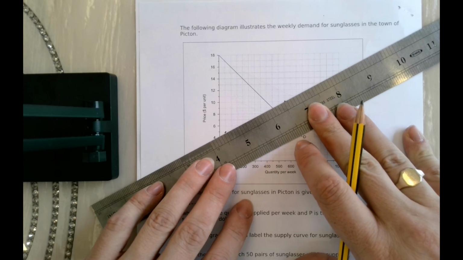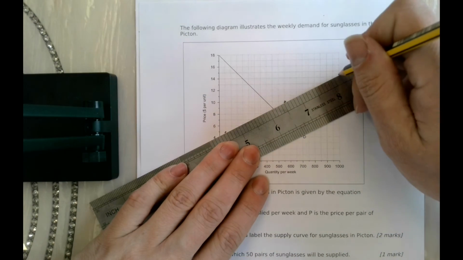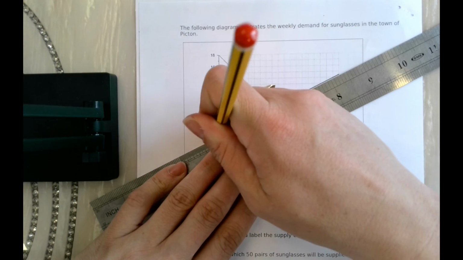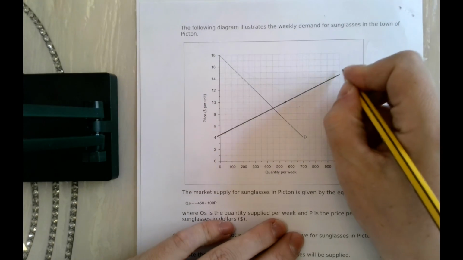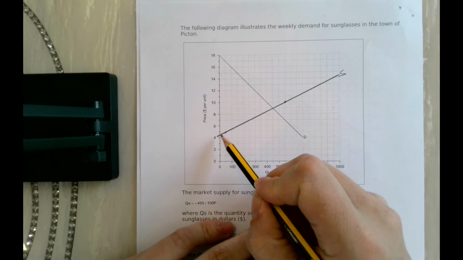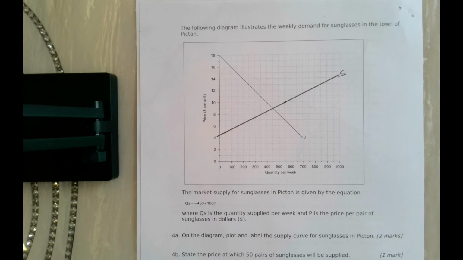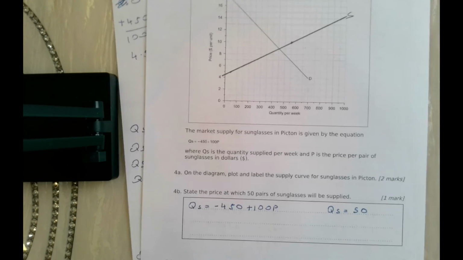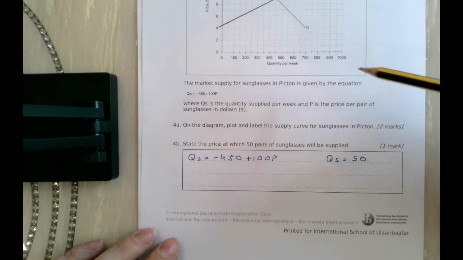Now, if we get this nice and steady and neat, here's our supply curve. As you can see, it does go through, or at least very close to, 4.5. But I didn't want to choose that because I wanted something guaranteed to have two lines cross on the graph paper.